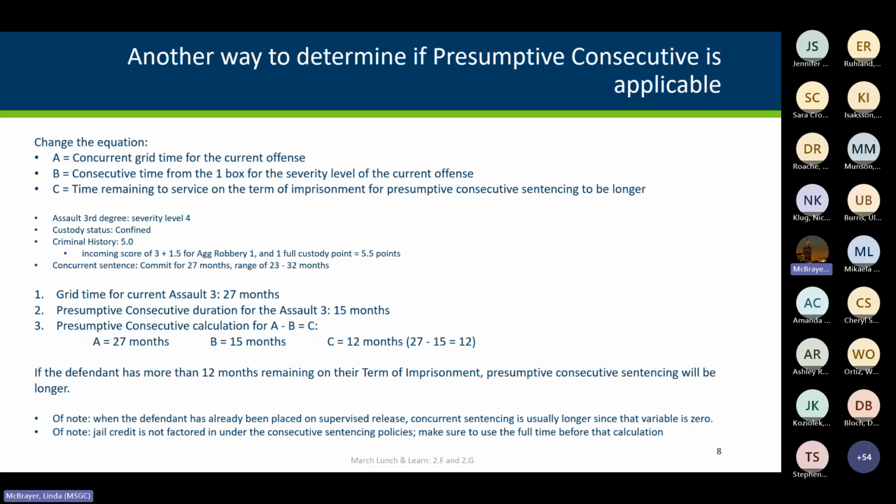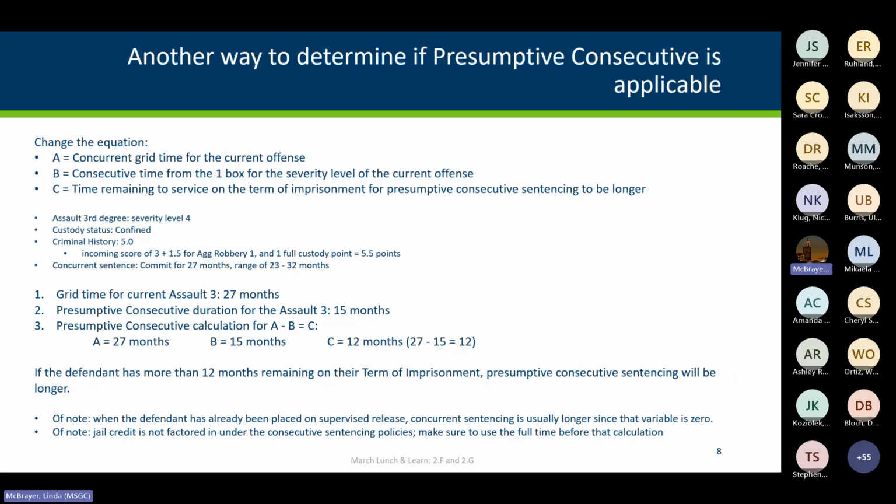Look at the duration of the consecutive sentence from the criminal history score of 1 for that assault, in this case, 15 months. Subtract the duration at a criminal history score of 1 from the grid time.